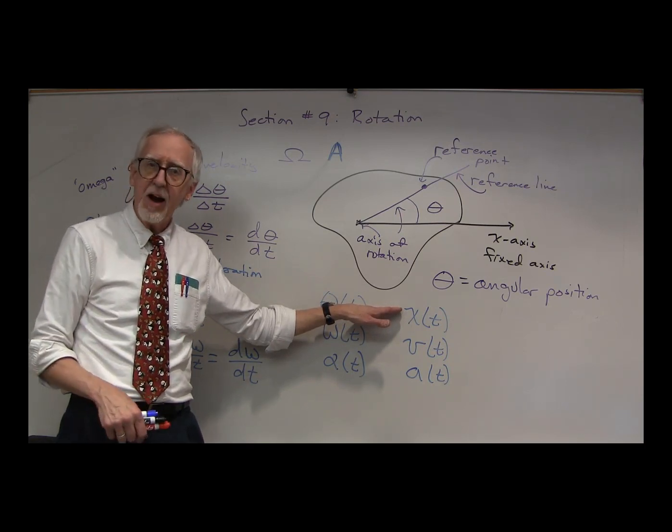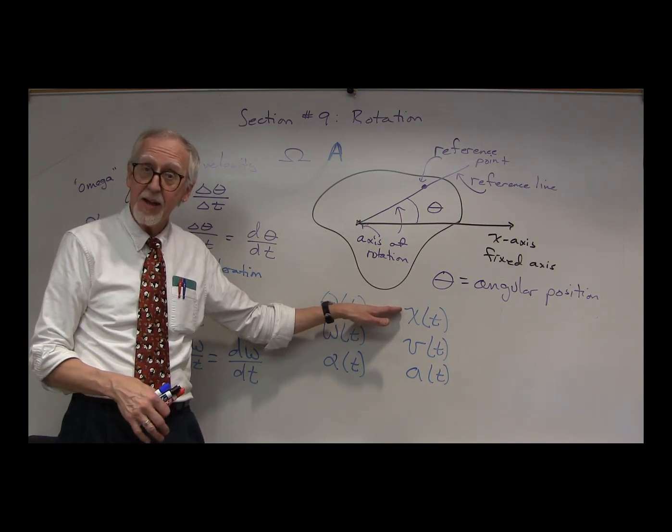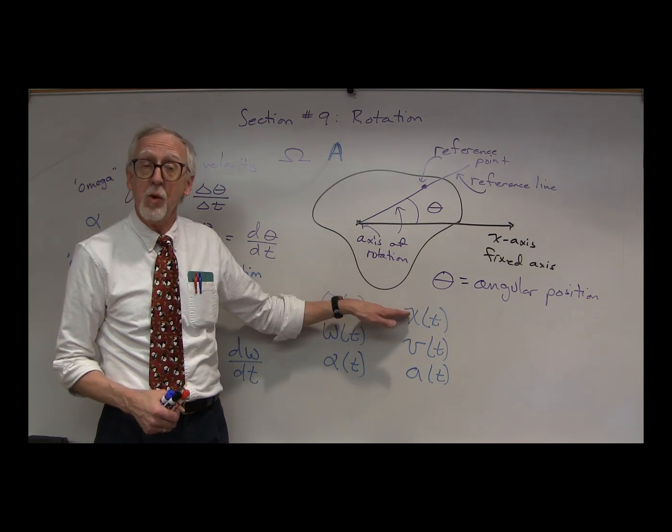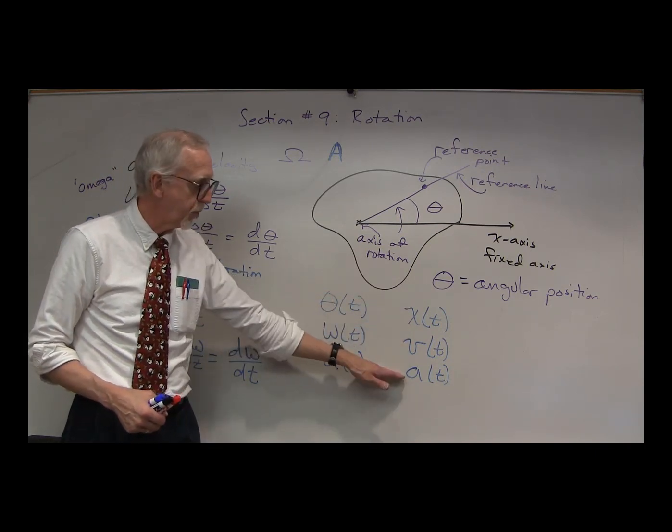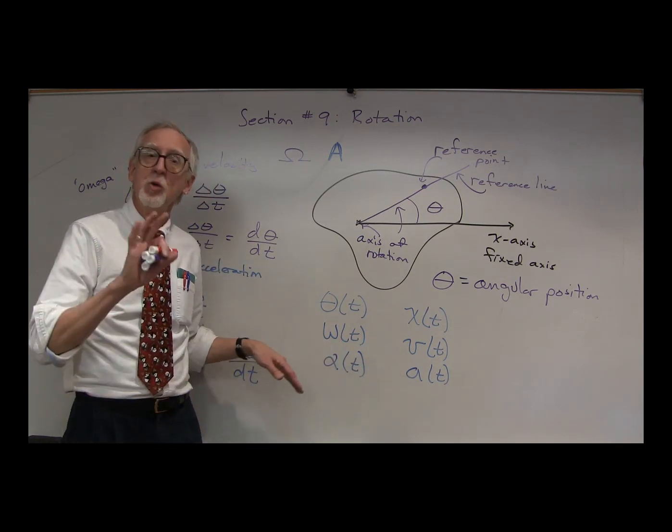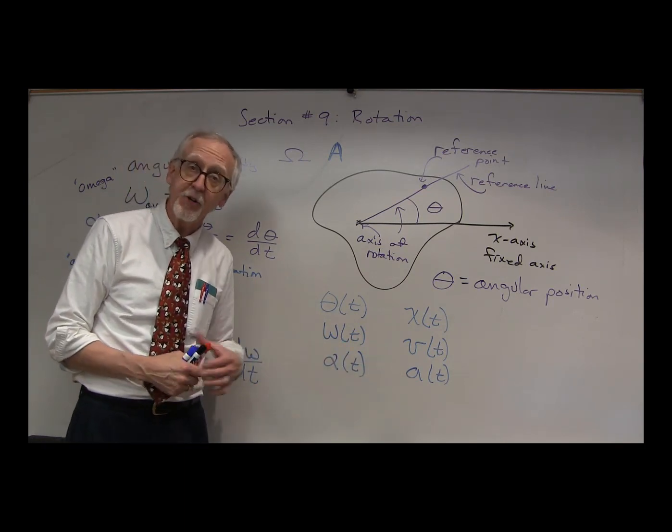Well, we're not even going to derive them. We're just going to write them down. Whenever we have an x, we're going to write a theta. Whenever we have a v, we'll write omega. Whenever we have a, we'll write alpha. You ought to be able to just write these down. That's what I'm going to do.